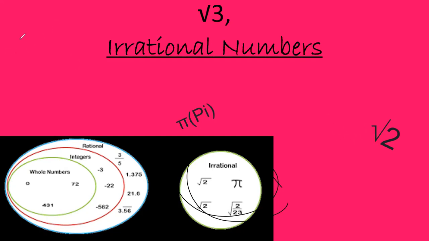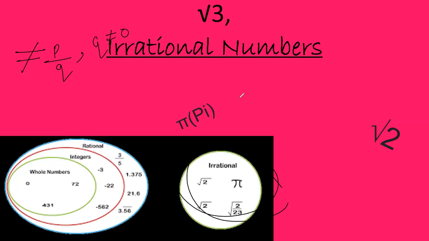Irrational numbers are those numbers which are not in the form of p by q, but q cannot be 0. Q can be any number but can't be 0. Is that clear, everyone? So irrational numbers are those numbers which are not in the form of p by q and q is not equal to 0, right?